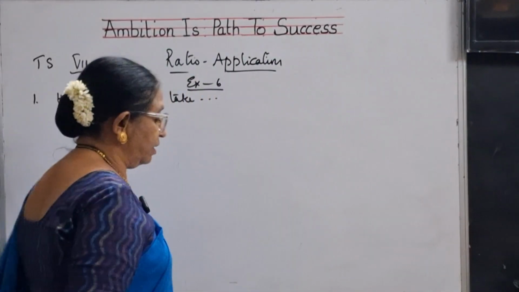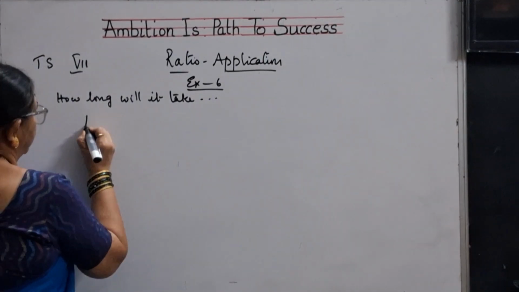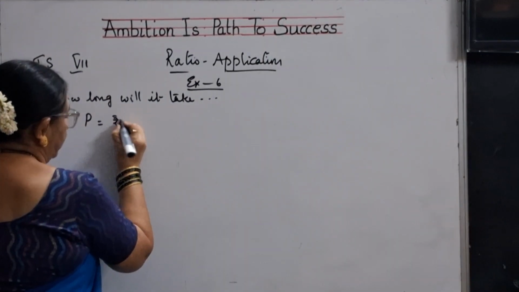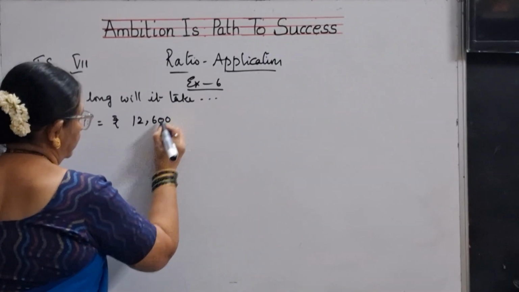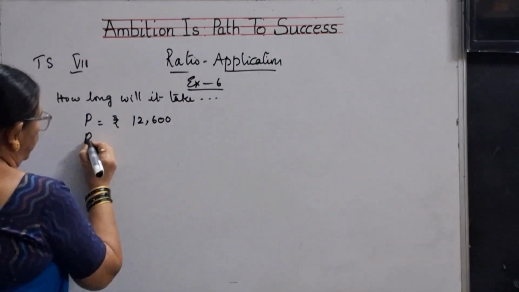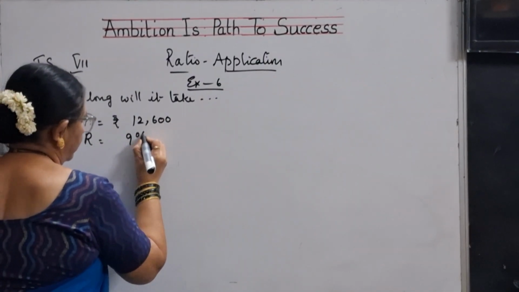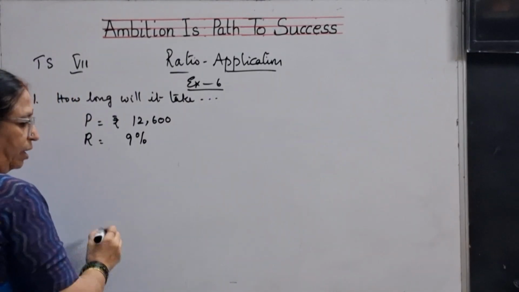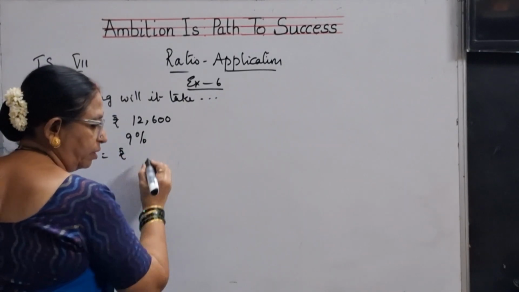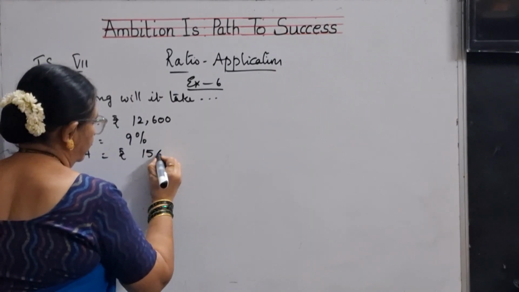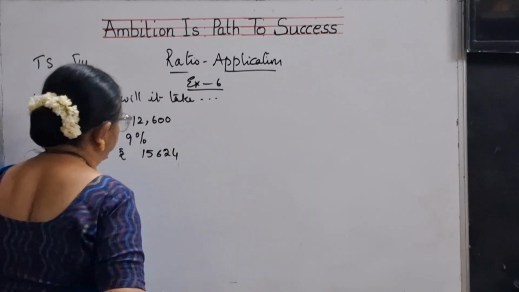So you need to find out the time period here. Let us see what is given to us. Principal is given as rupees 12,600, rate is 9%, and amount is rupees 15,624.